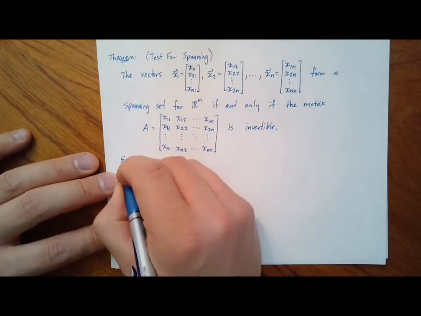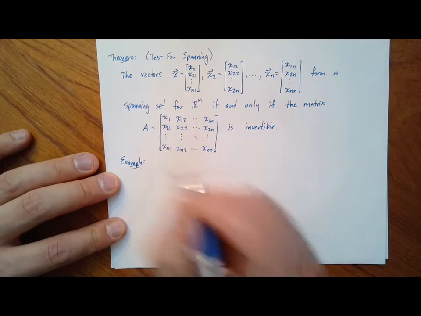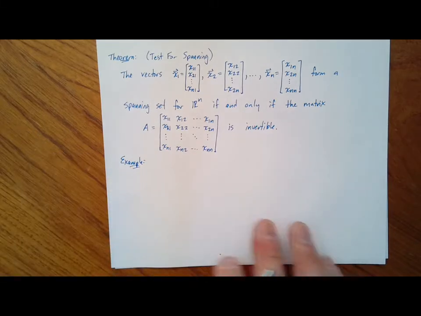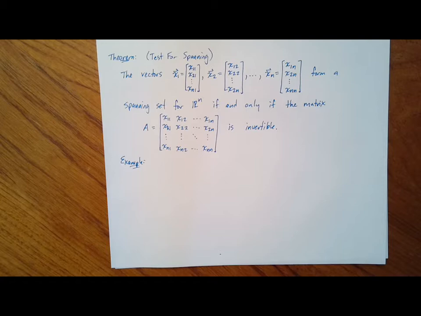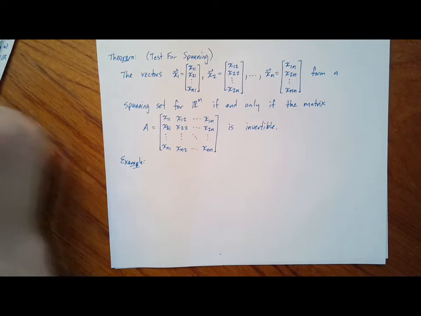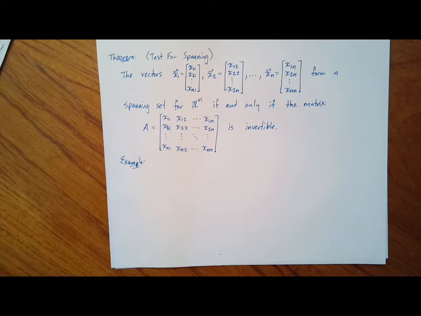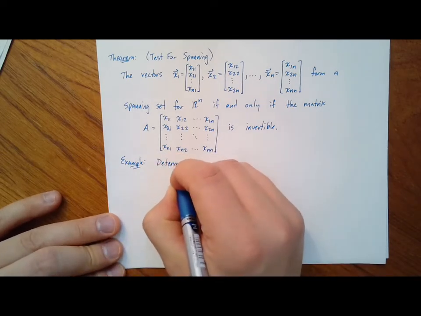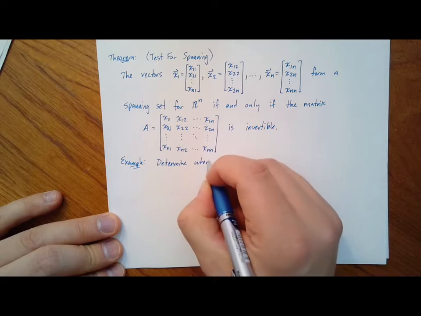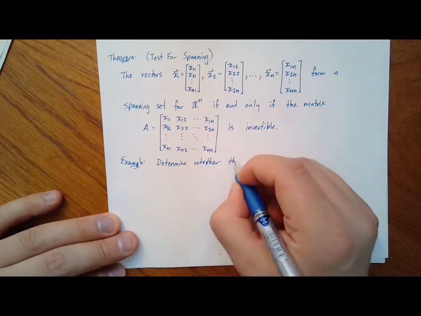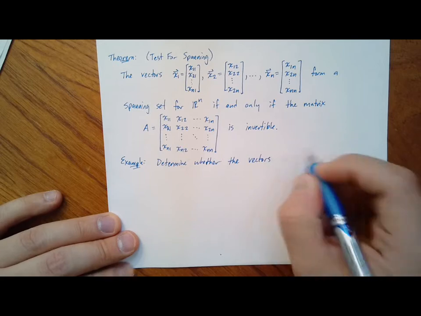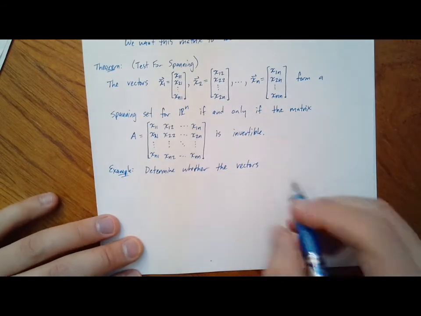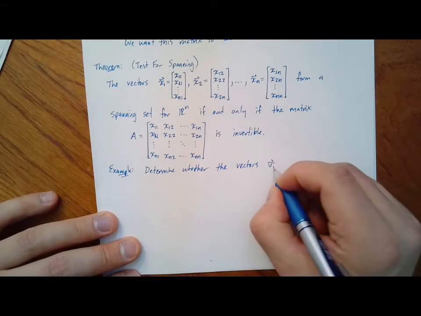So this is the last example in the section. Okay, so determine whether these vectors, and I'm going to call them something different just to show you how the naming doesn't matter.